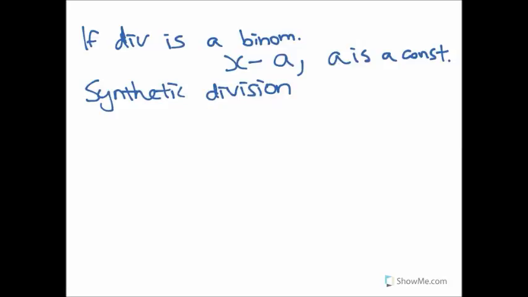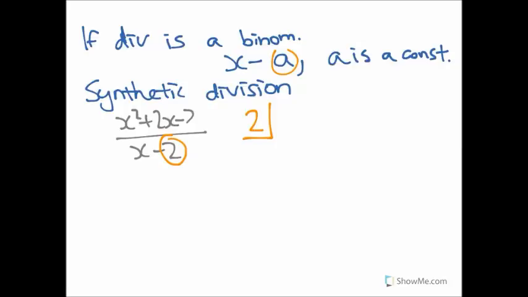So we had x squared plus 2x minus 7 over x minus 2. So the first thing you're going to do is take whatever value a is, so in this case a equals 2, and put it off in a little box on the side.